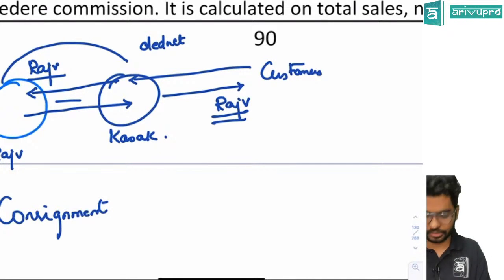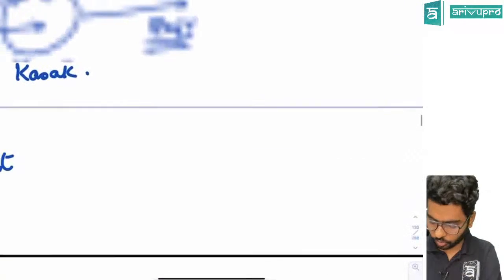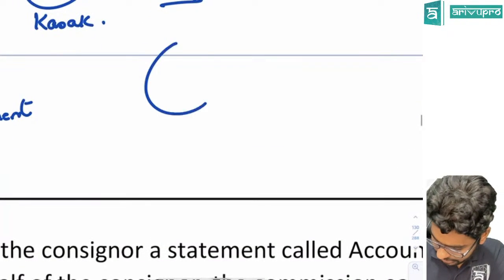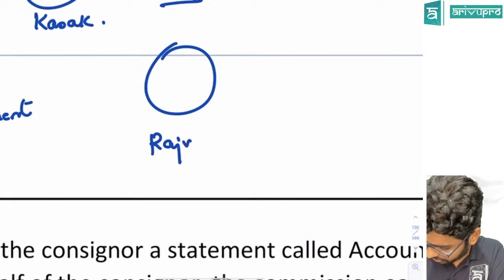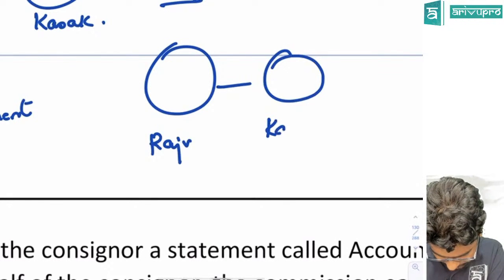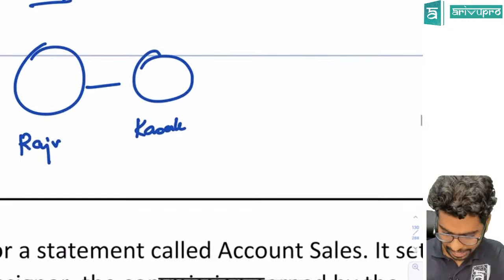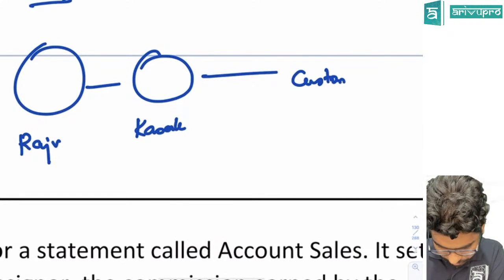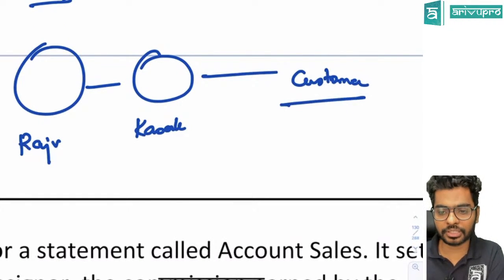Now, what you need to understand here is there is Rajiv, there is Kasak, and there is a customer. Who's selling goods to the customer?